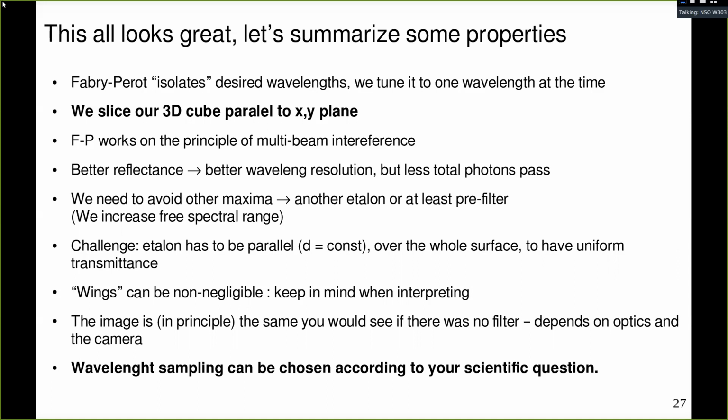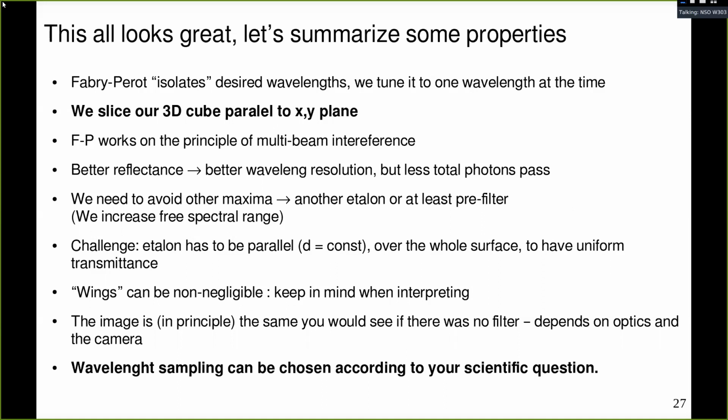Because you can't have transmittance which is more than 1. And you're always measuring this integral, which is the product of your incoming intensity and your filter, okay? And in practice, we can avoid these other maxima because I have shown you that even in a very small range of wavelengths, you're going to have a lot of maxima.